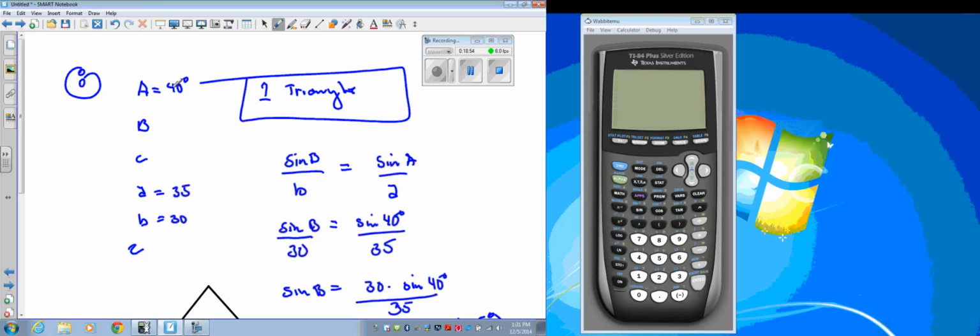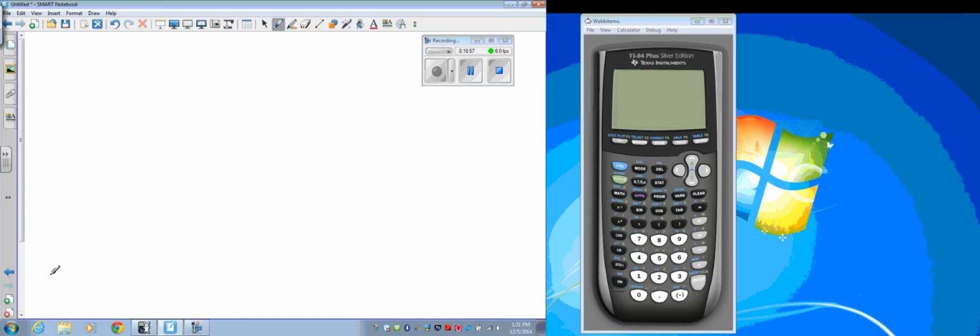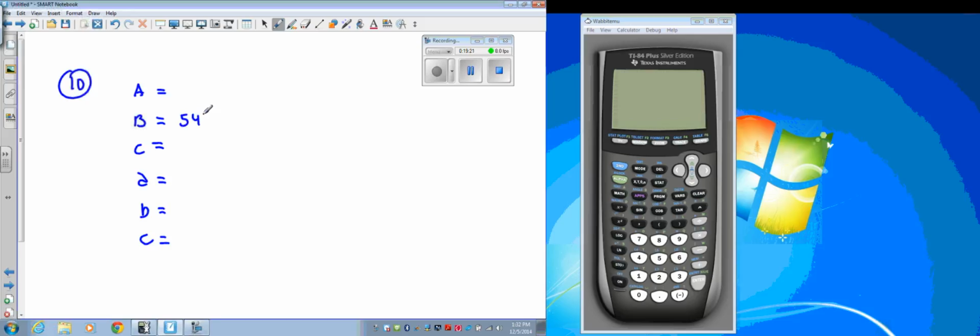Now, number 10, we'll do the same thing with 10. A, B, and here we got B is 54, C is 28, B is 23. Now, the angle that we can calculate is going to be this angle C here.